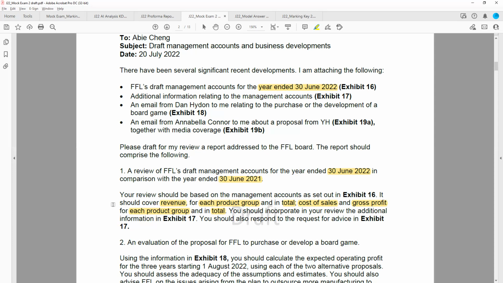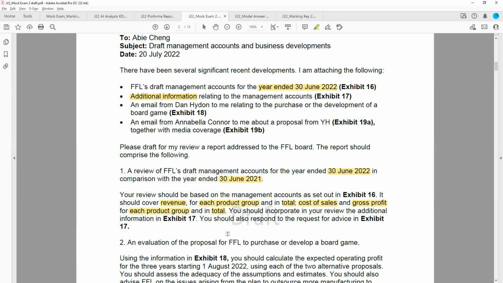You should incorporate in your review the additional information in Exhibit 17. So as we would expect to go with the management accounts, we're going to have some additional information, and this will give us the reasons why certain items have gone up or down in the year.